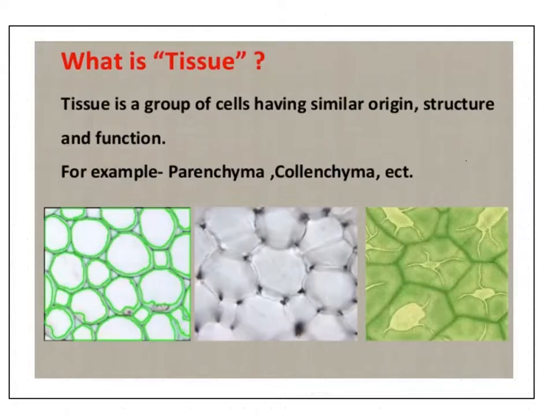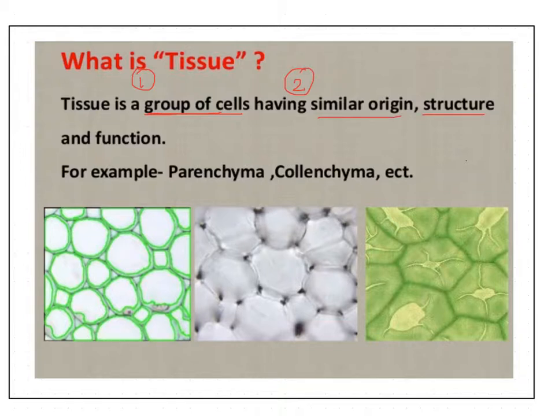So tissue means it is a group of cells. Now whenever we have to define the definition, we'll identify some important points in that definition. First of all, it is a group of cells. Second, it has similar origin and structure.